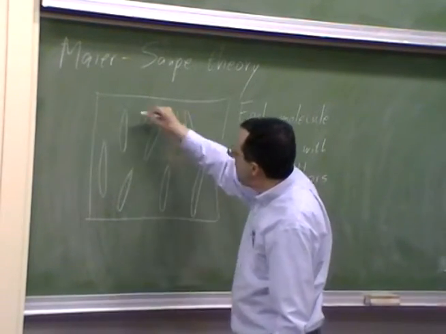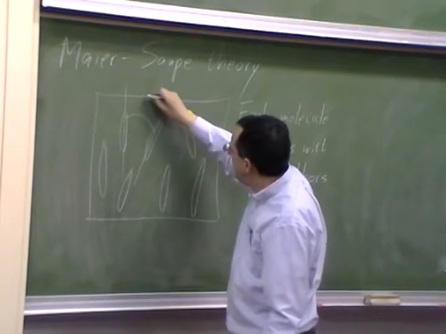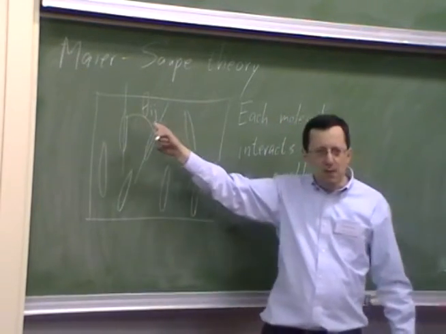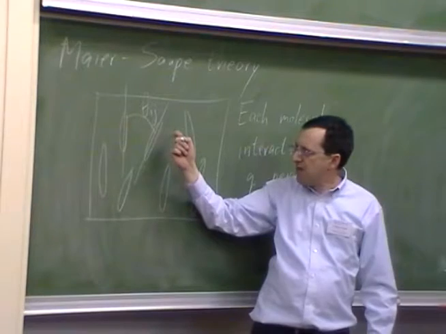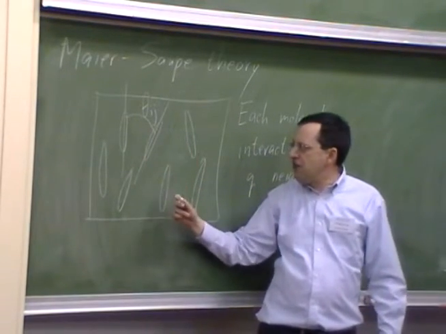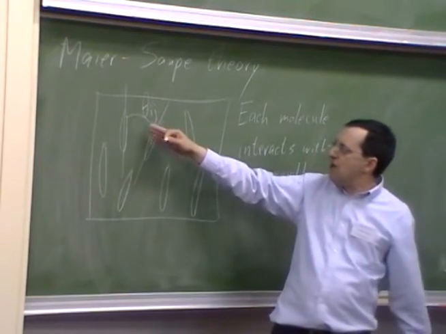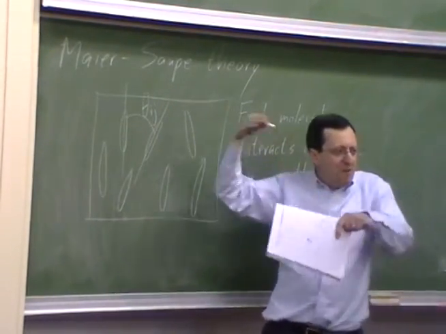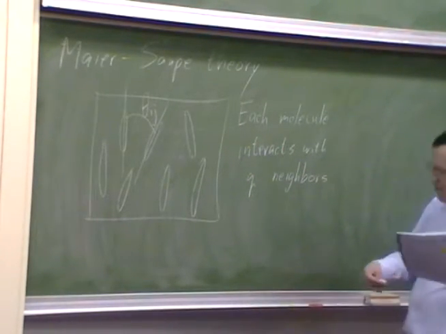So if there's some angle theta ij between molecule i and molecule j, then the interaction ought to be minimized when theta is either 0 or 180, and maximized when theta is 90 degrees, perpendicular alignment.